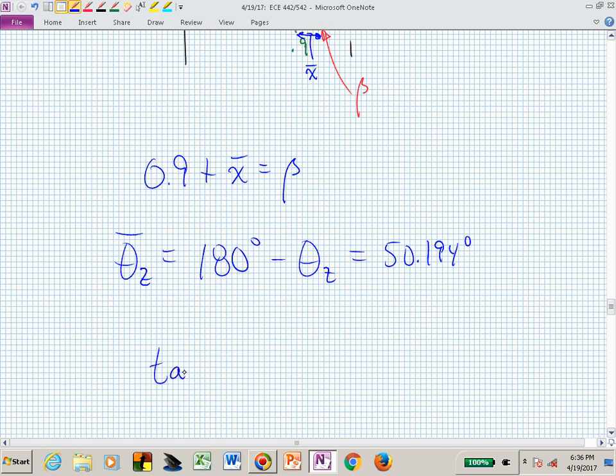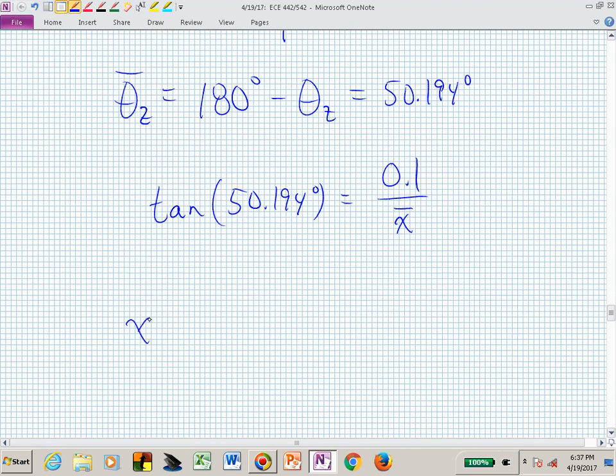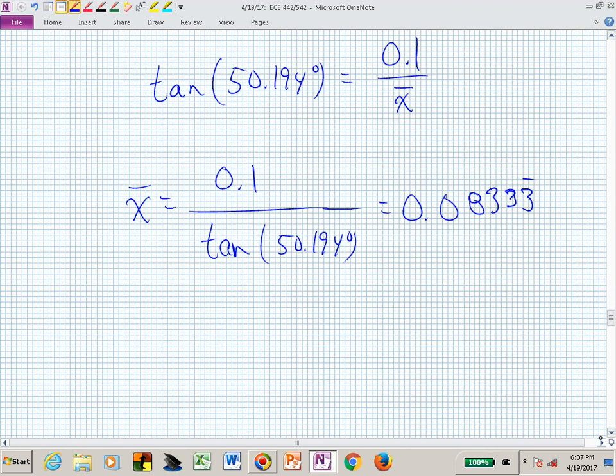Well, I know the tangent of that angle is equal to the vertical over the horizontal by definition of the tangent. And the only unknown in that expression is x bar, and now I can find x bar. X bar is 0.1 divided by the tangent. And that now gives me 0.0833.